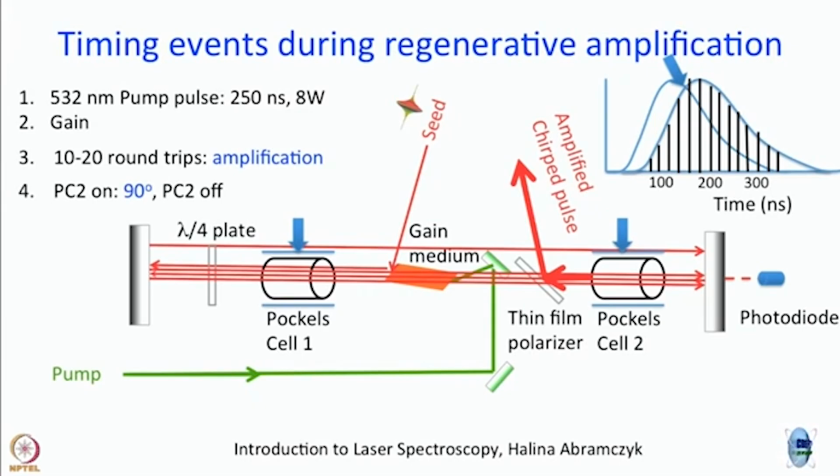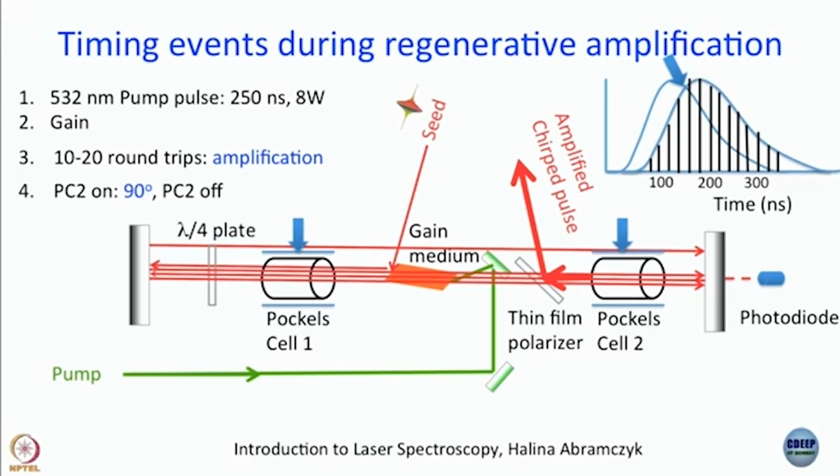And in the last couple of modules, we have discussed, in as much detail as we could without getting into too much instrumentation, the timing events that are there during regenerative amplification. And this is the one design that we have talked about, where the gain medium is in a cavity, and the seed is switched into the cavity by using a λ/4 plate.